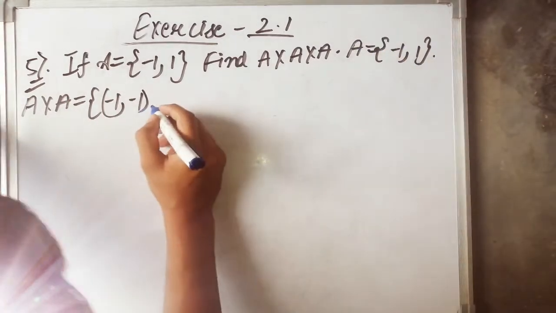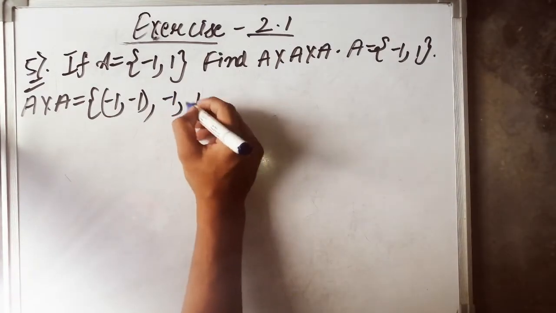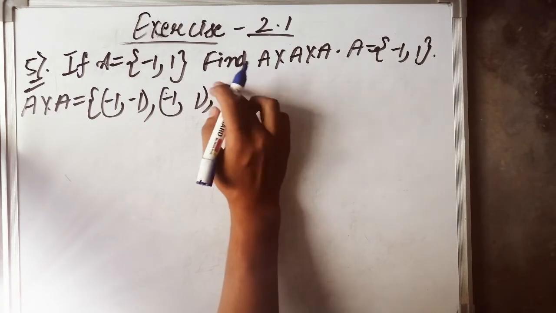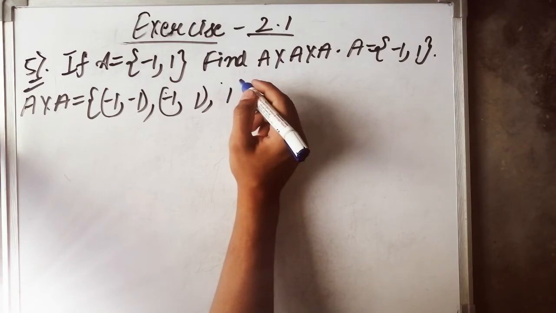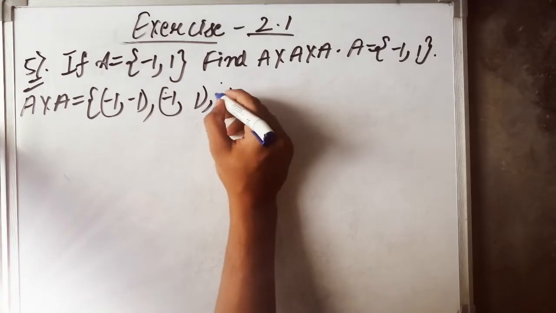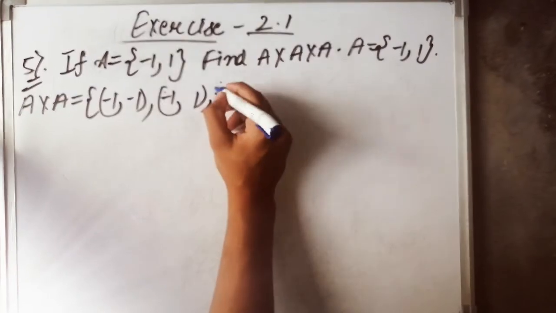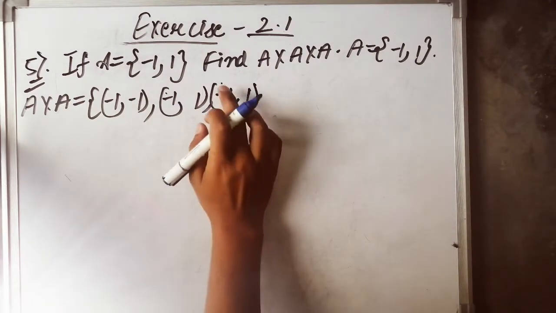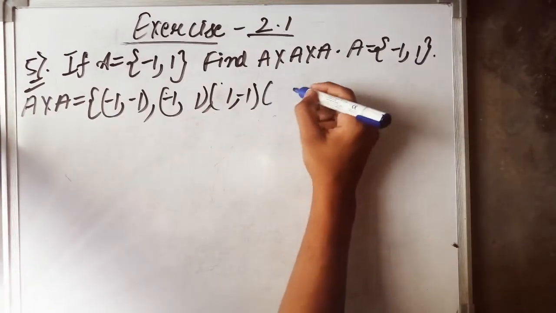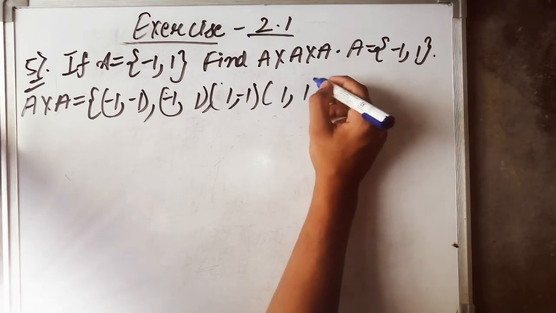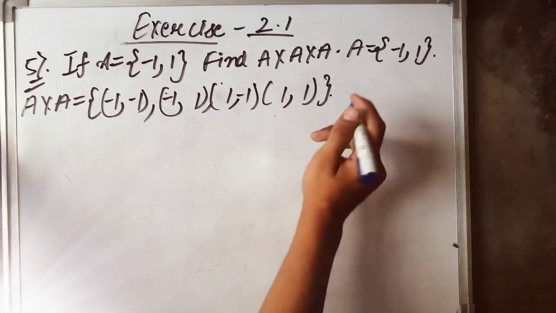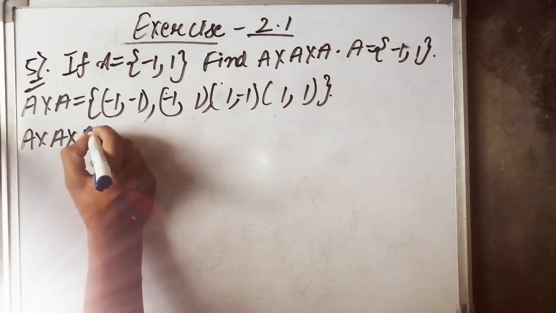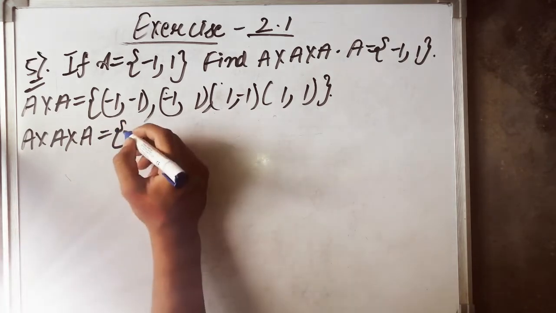Now (-1, 1), (-1, 1), sorry, (-1, 1), (-1, 1), and sorry, here (1, -1) will come, and after that (1, 1). Okay, this is A cross A, which is in 2D, and A cross A cross A gives us 3 dimensions.